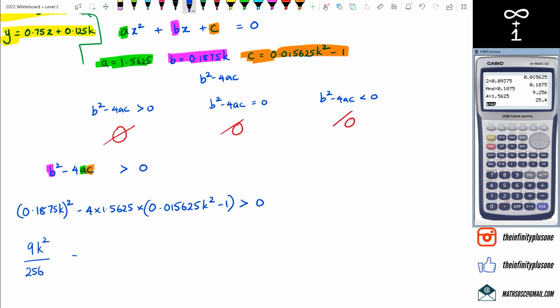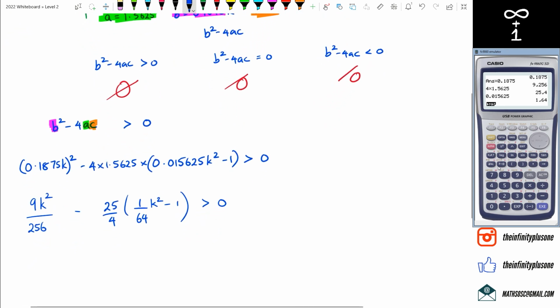Let me put that outside there. 25 over 4, multiplied by 0.015625. What is that as a fraction? That's 1 over 64. Might as well use that. 1 over 64, k squared minus 1. All of that is greater than 0.